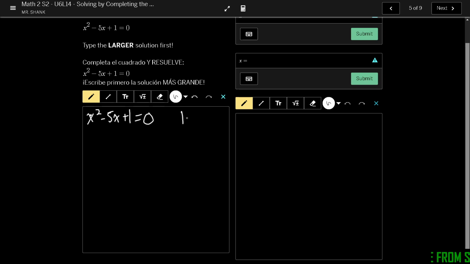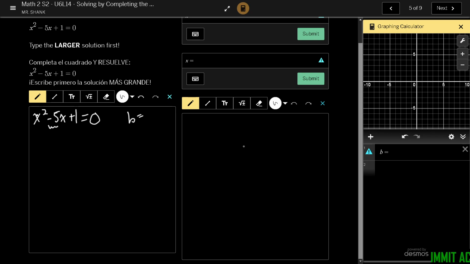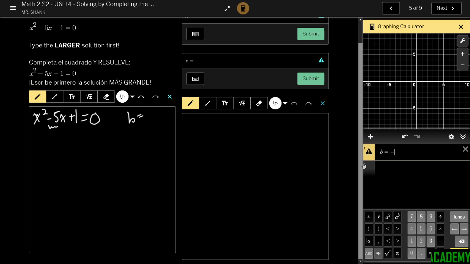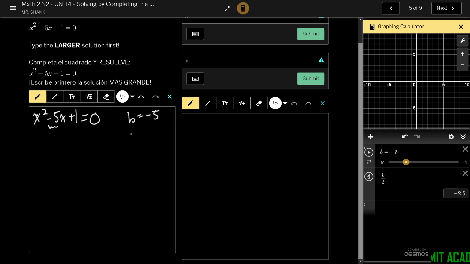So we're going to say b equals, actually I do need to use a calculator for this. Again, the term attached to my x is going to be negative 5. So b equals negative 5, b over 2 equals negative 2.5.